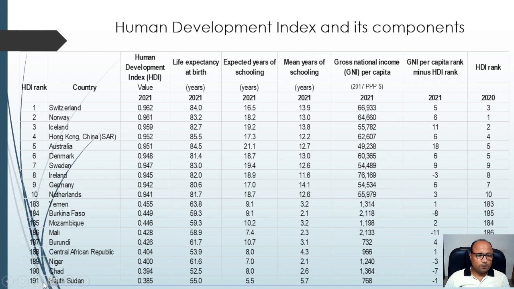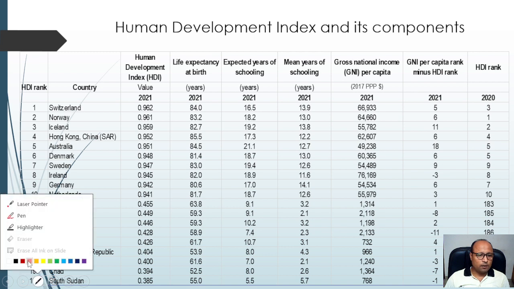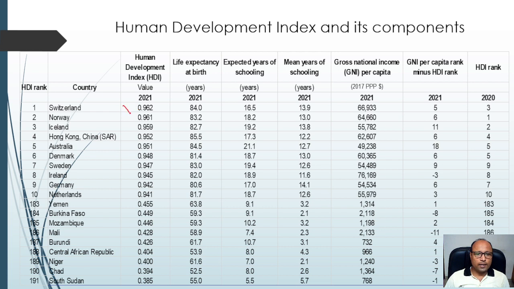Okay, let me put the marker color. So the highest one is for Switzerland, 0.962 at the top, followed by Norway, Ireland, and others. On the other side, the lowest HDI, because there are 191 countries in total, was for South Sudan, 0.385.